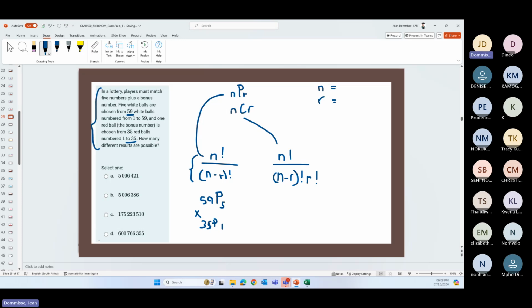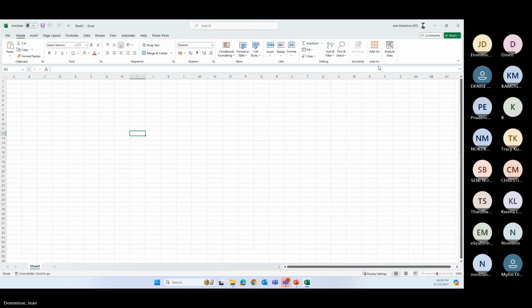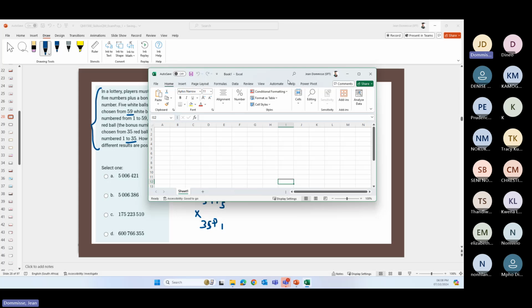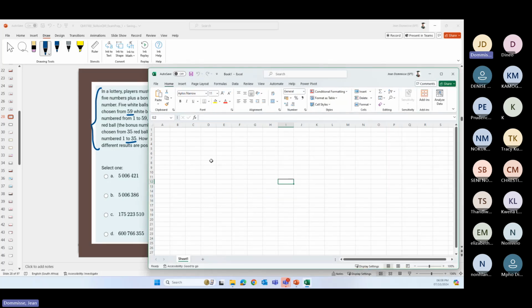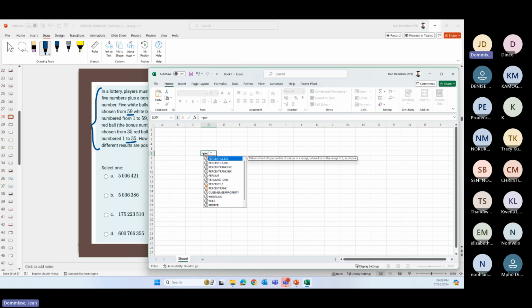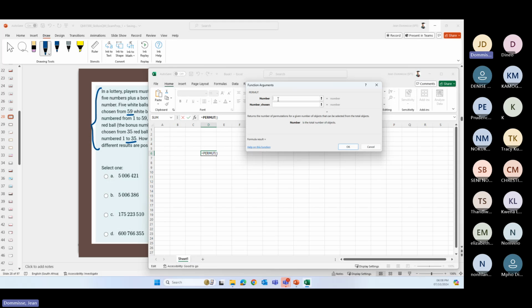But okay, so let's quickly check. I'm going to quickly use Excel, and I want to use that permutation one, and I said my number was 59 and chosen 5 numbers.